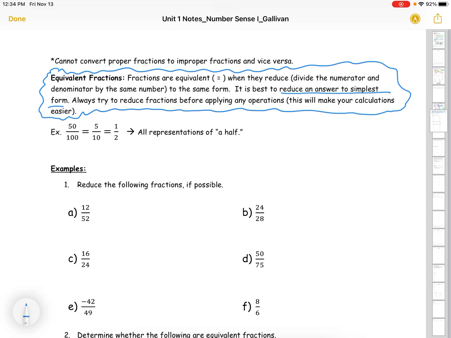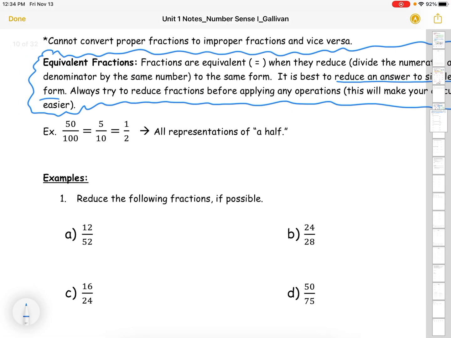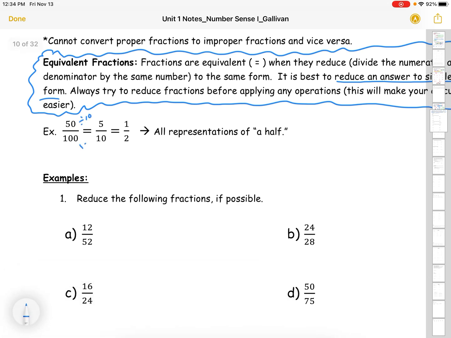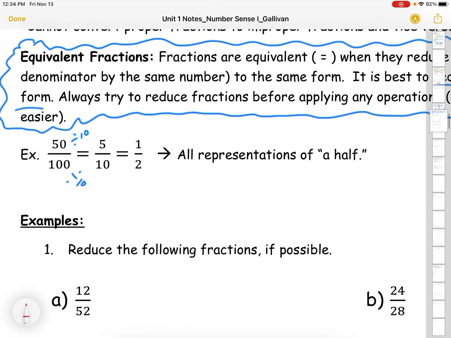So, for example, if we have 50 over 100, well, I can divide the top and the bottom by 10. As long as I do the same thing to both the top and the bottom, it's equal. And when I do that, I get 5 over 10. Well, when I have 5 over 10, I can divide the top and the bottom by 5.